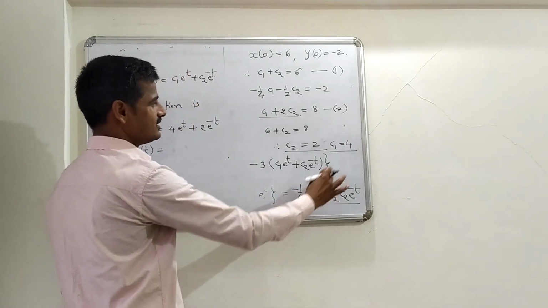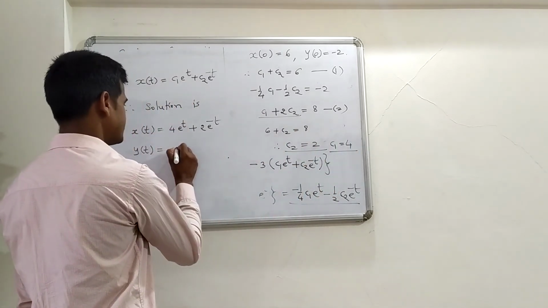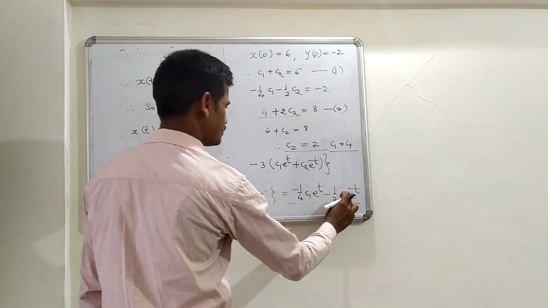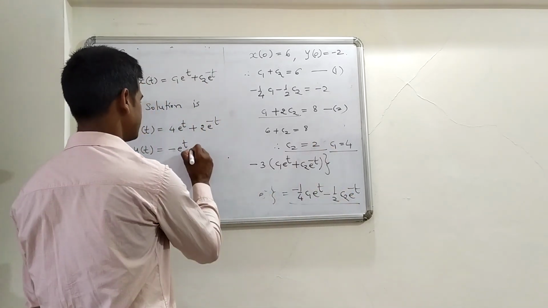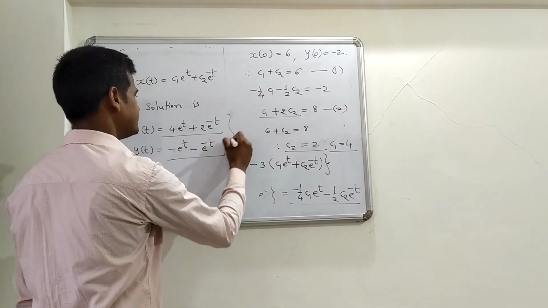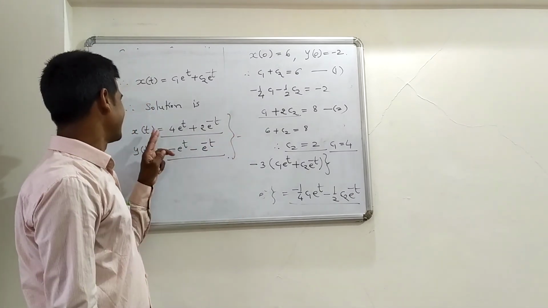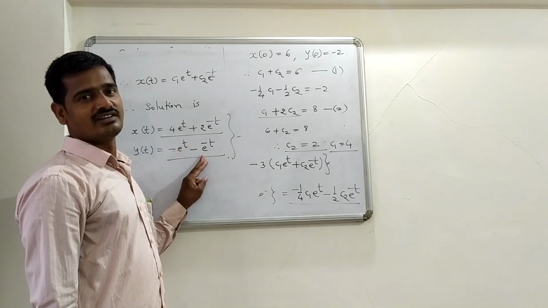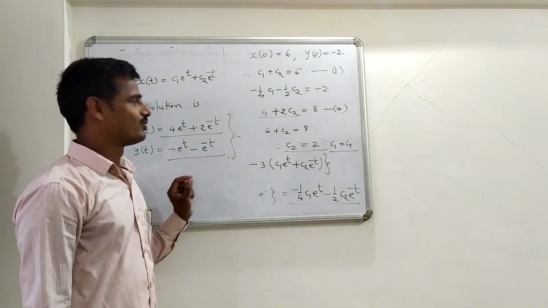What is c1? c1 is 4. So −e^t, and −1/2 c2, so the 2 will cancel, so −e^(−t). So this is our solution, the values of x and y in terms of t. This is the solution of the given differential equation. Thank you for watching this video.